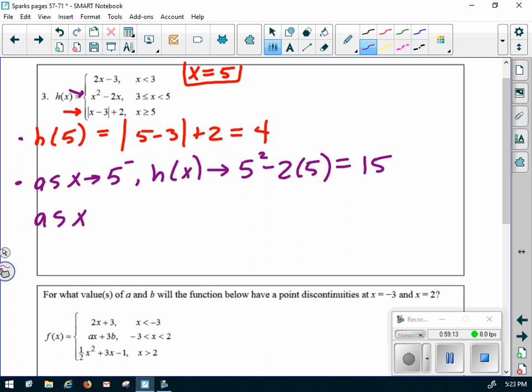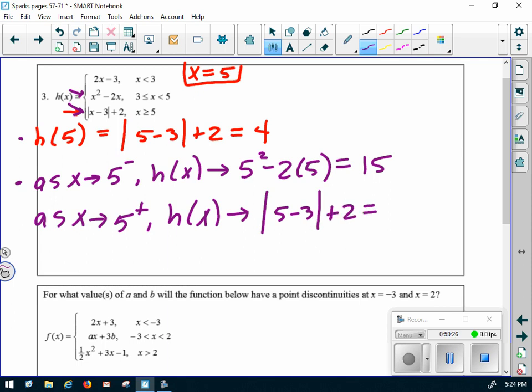As x approaches 5 from the right, h of x approaches, I'm going to have to use this one: absolute value of 5 minus 3 plus 2. That's 5 minus 3 is 2, absolute value is 2, plus 2 is 4.